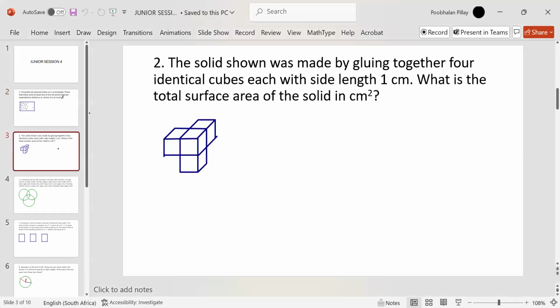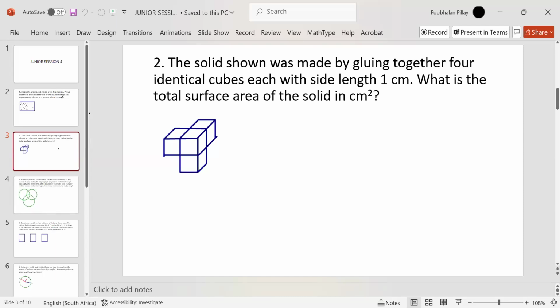Okay, the solid shown was made by gluing together 4 identical cubes, each of side length 1. So you got a number of cubes here, and say a cube. When you say a cube, it means all the sides are the same. All the sides are equal.